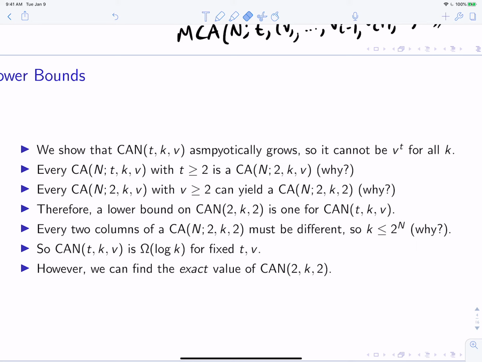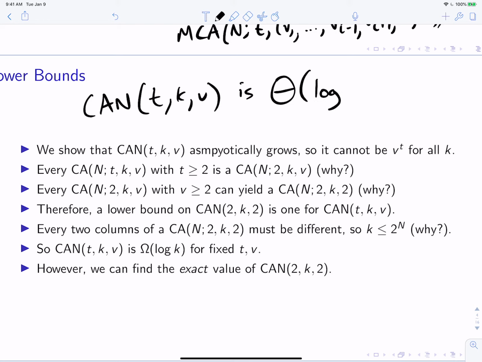So what we're actually going to show, not in full today, is that CAN(t, k, v) is big theta of log k for fixed v and t. Anyone not know what theta is? Or big theta, at least.